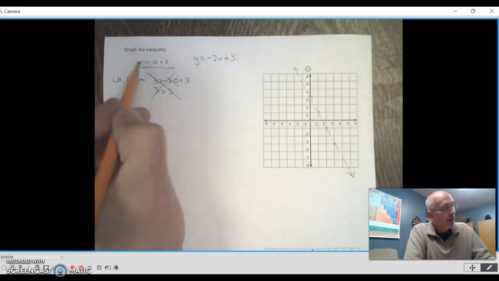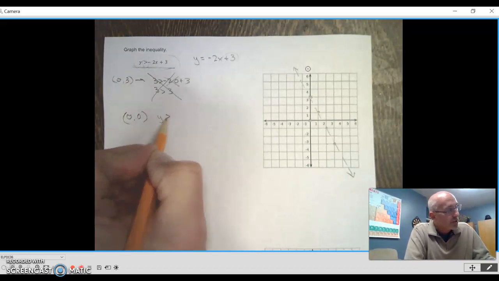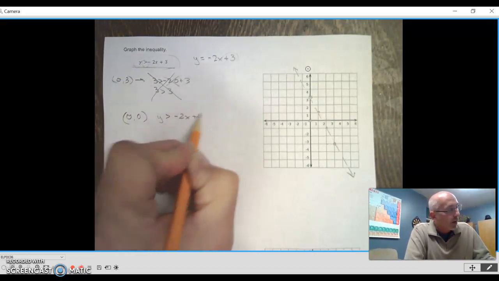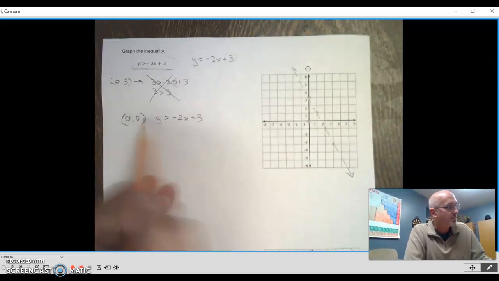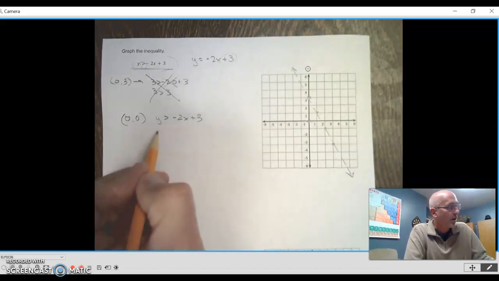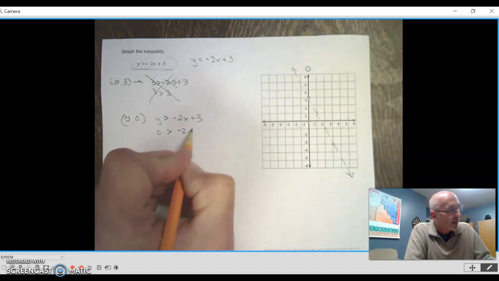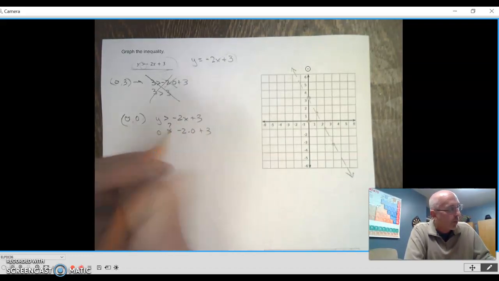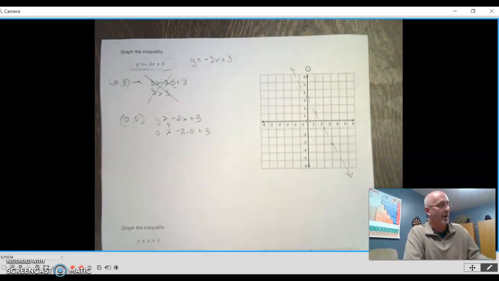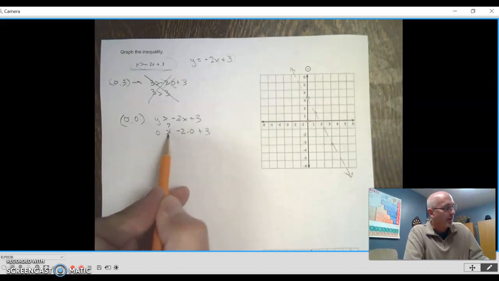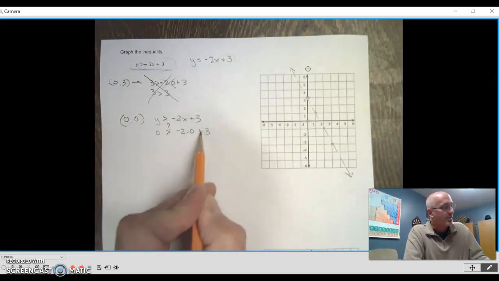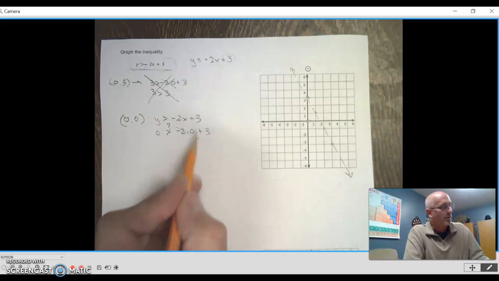And here's why. I'm going to take my original inequality, and I will now substitute 0, 0 in there. So I'll put 0 in for y, negative 2 times 0 plus 3. And I'm going to put a little question mark over that greater than sign. Is 0 greater than negative 2 times 0 plus 3? Well, we know this drops off.